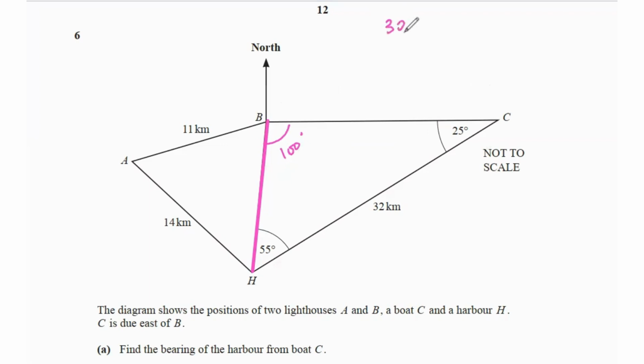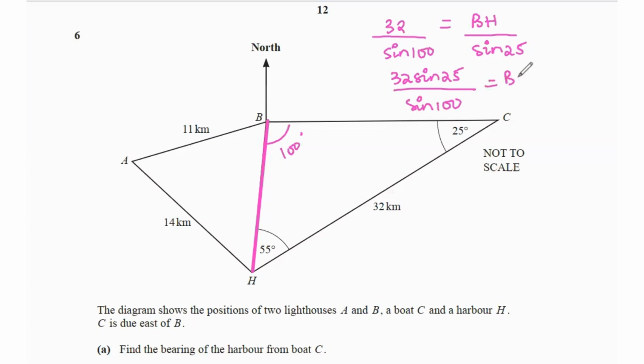So 32 over sine 100 equals BH over sine 25. So 32 times sine 25 divided by sine 100 will give us the length of BH. And that is equal to, as the question says, 13.7 kilometers correct to one decimal place.